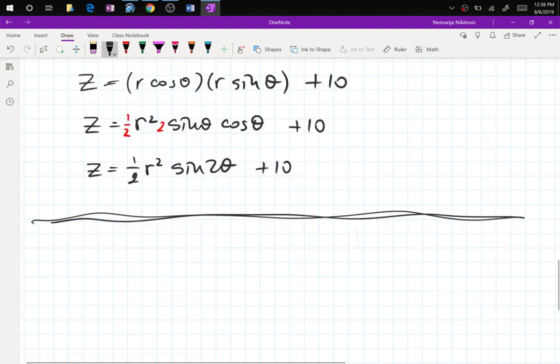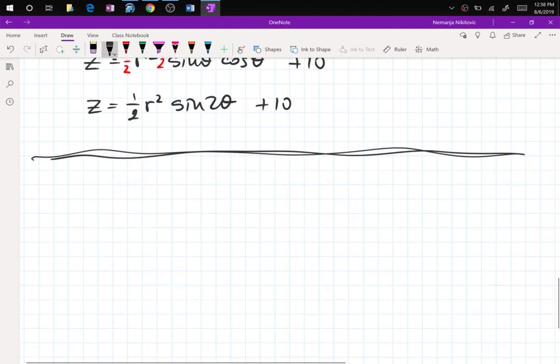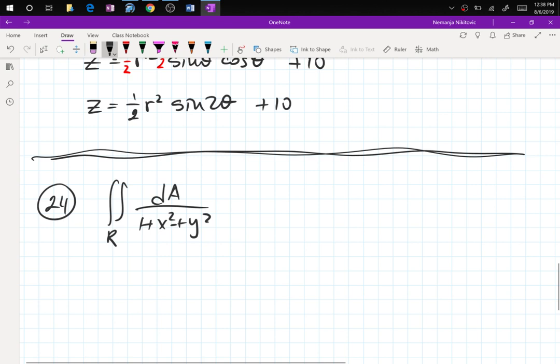And let's take a look at one more simple problem, and then we'll take a look at those general regions when we actually get to have functions in our limits. So now this is the integral over region R, where dA is 1 plus x squared plus y squared.